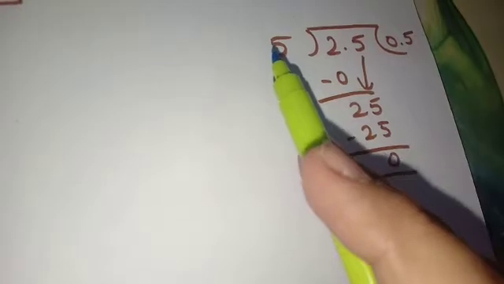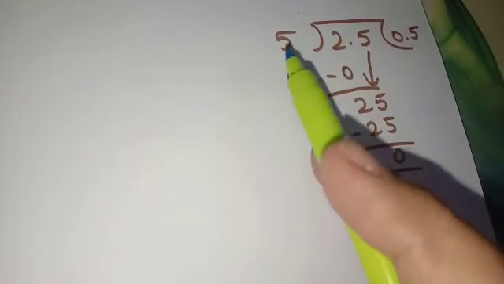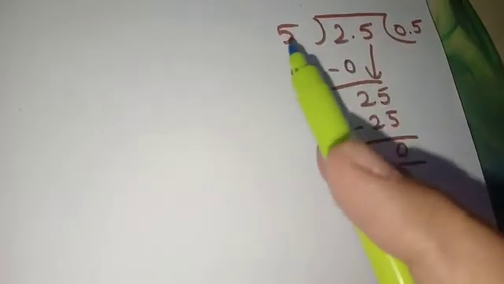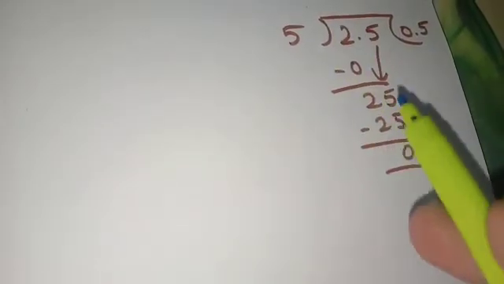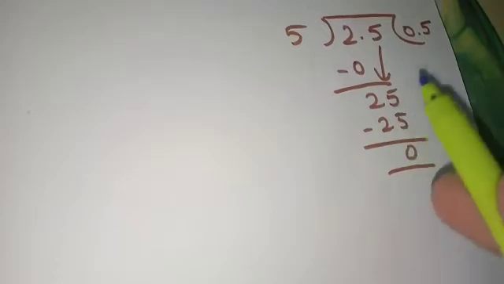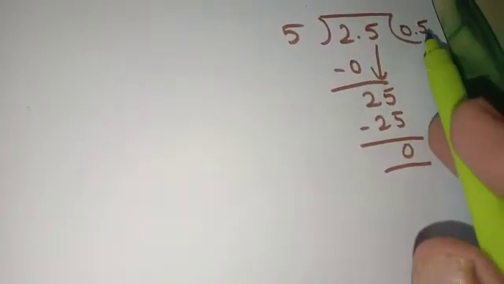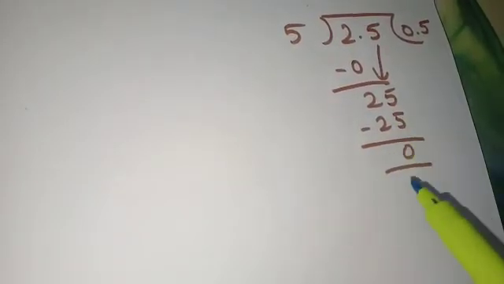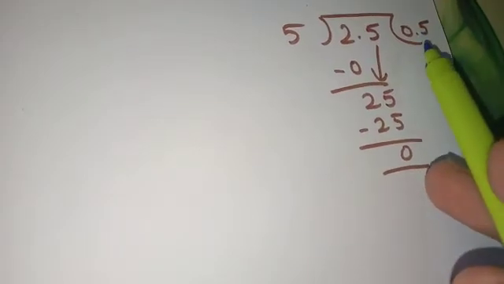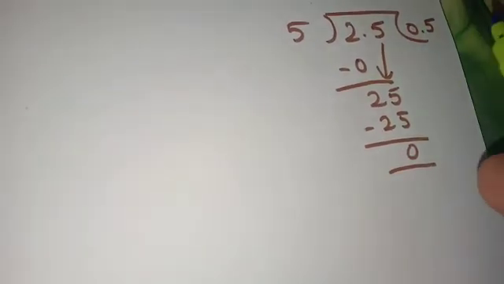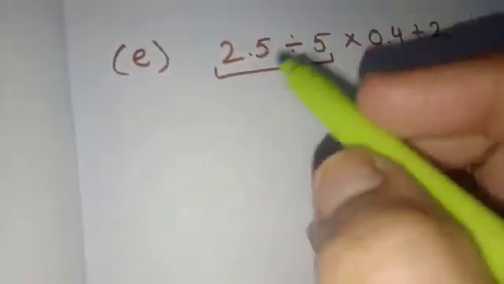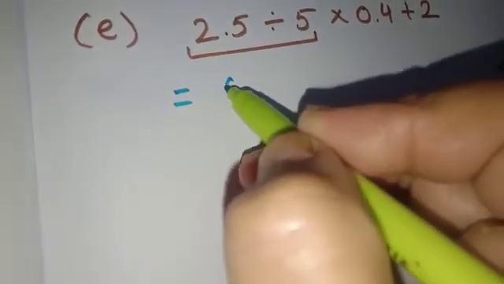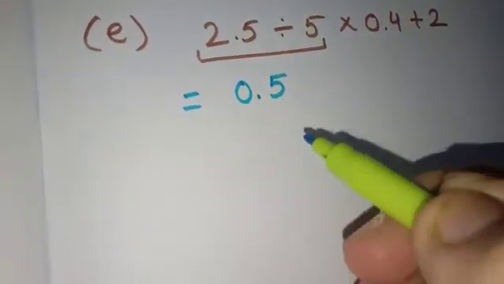As we have done in unit 7, the number before the point is 2, which cannot be divided by 5. So 5 zeros are 0, 2 will be left. 5 will come down, the point will go to the quotient. 5 5s are 25, 0 is the remainder, and what is the quotient? 0.5. So here we will directly write 0.5.